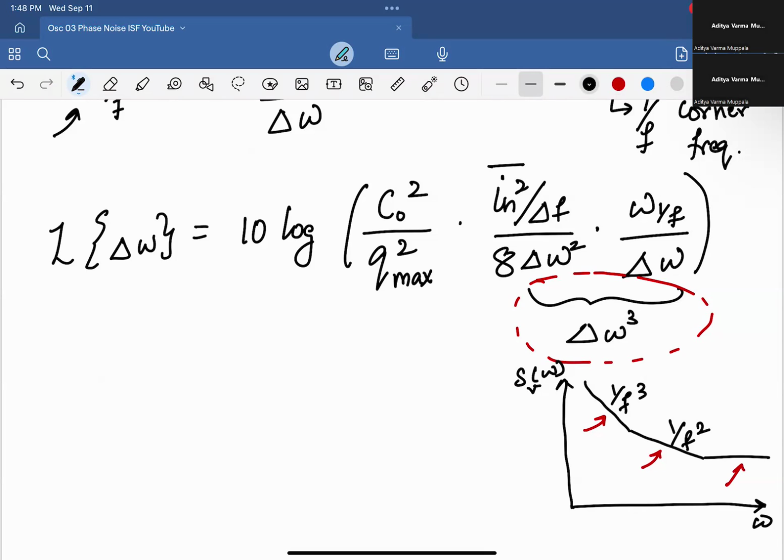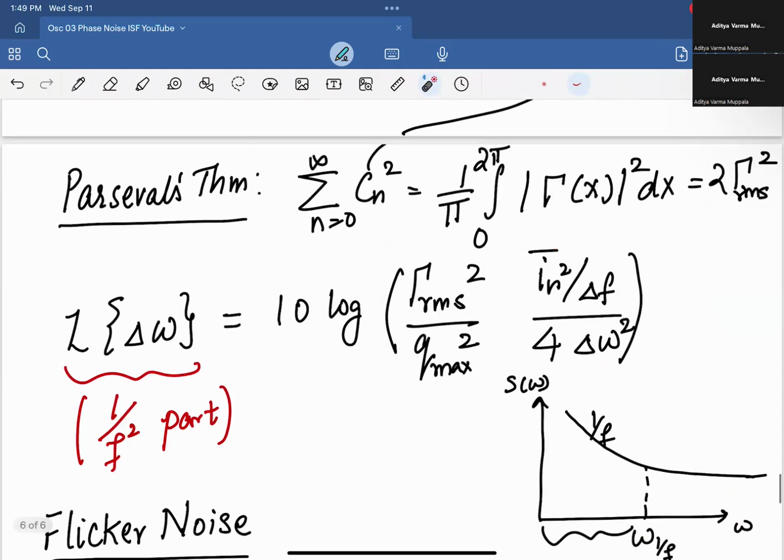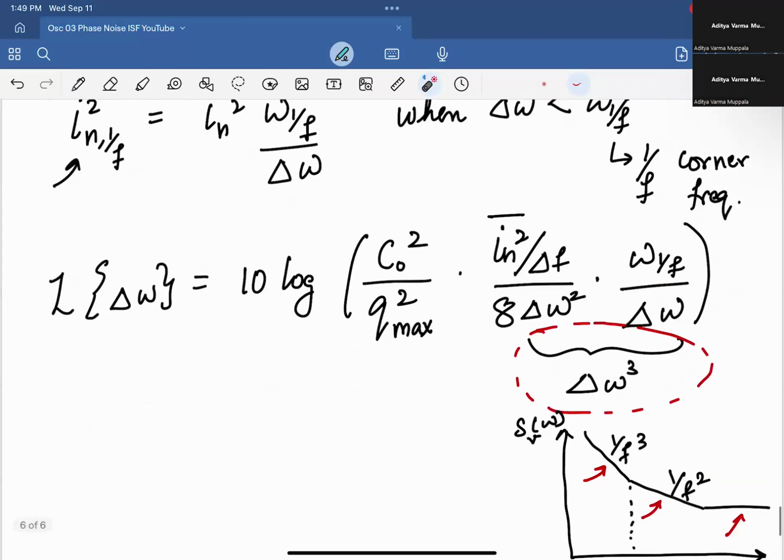Okay, so now if you want to find at what frequency this happens, what we need to do is equate this term, see where this is equal to this, right? And then find at which delta omega that occurs. It's fairly simple algebra.